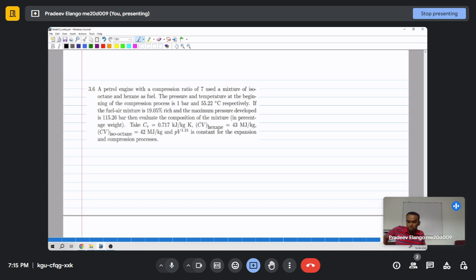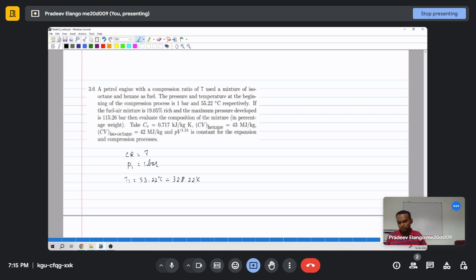Next, a petrol engine with a compression ratio of 7 used a mixture of isooctane and hexane as fuel. The pressure and temperature at the beginning of the compression process is 1 bar and 55.2 degrees Celsius. So T1 is 55.22 degrees Celsius, that is 328.22 Kelvin.